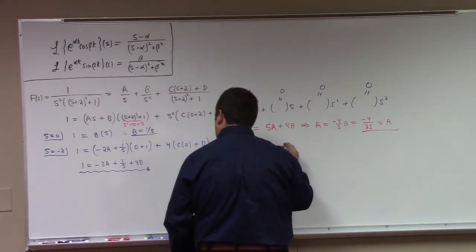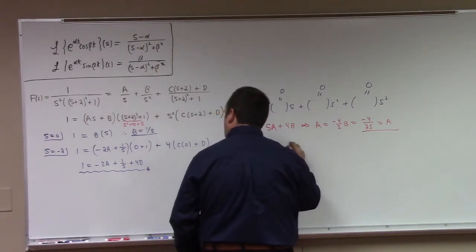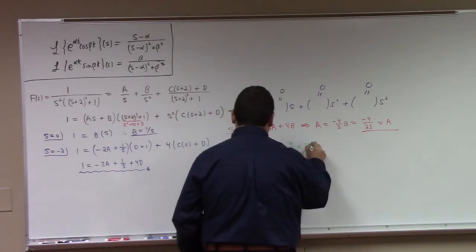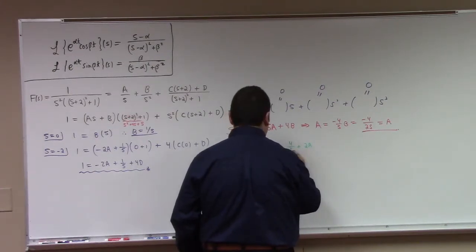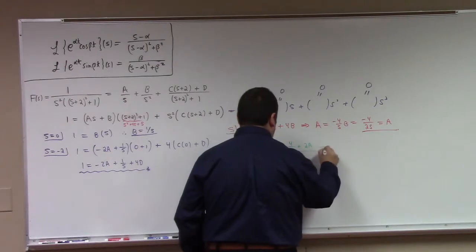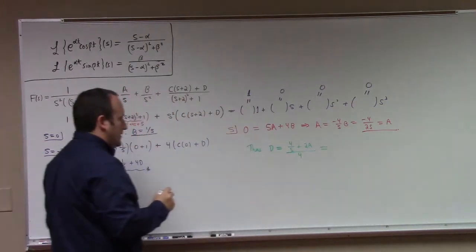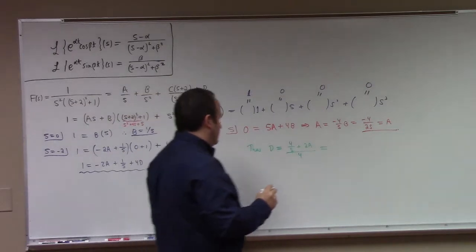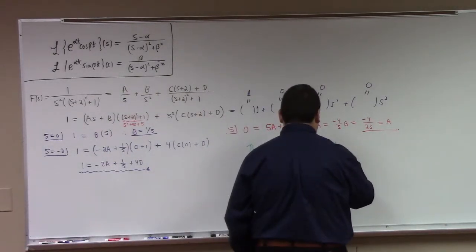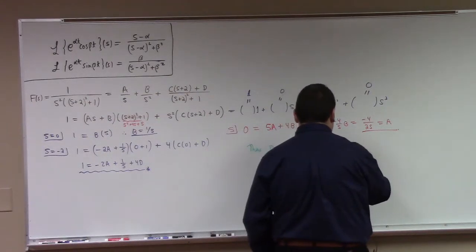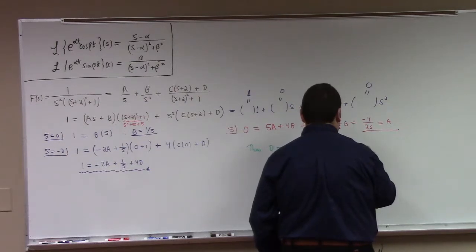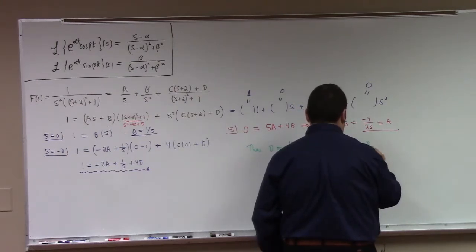What's D equal to? What's 1 minus 1/5? 4/5, right? 4/5 plus 2A divided by 4 should be equal to D. And, oh, so that's 1/4 of 4/5 minus 8 over 25, apparently.